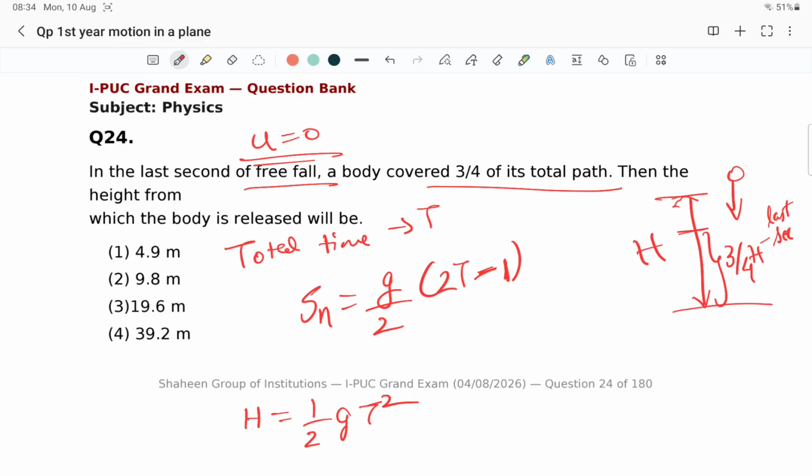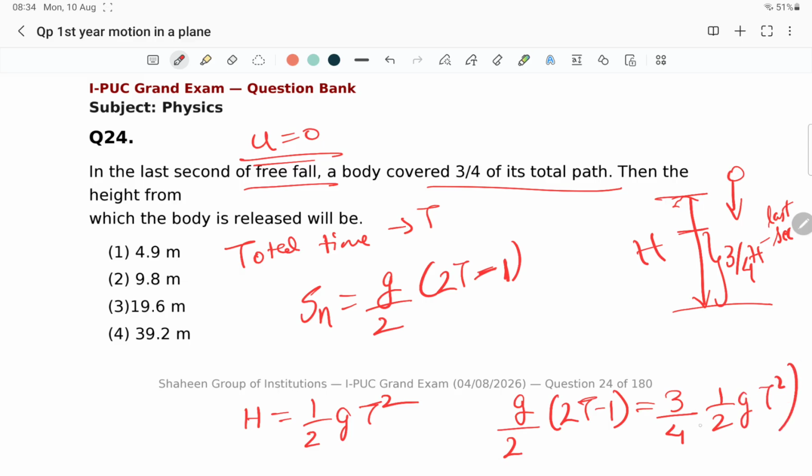After taking half gt square, now he has told us the last second distance, g by 2 into 2t minus 1, is equal to 3/4 times the total distance, half gt square. I hope you understood this. In the last second of free fall, the body covered 3/4 of the total path.